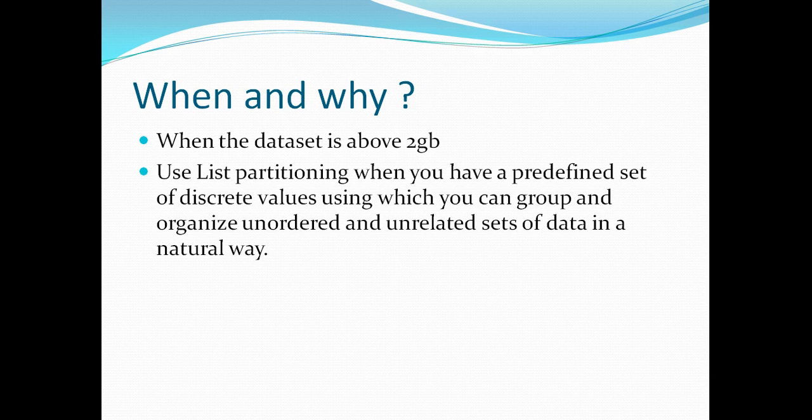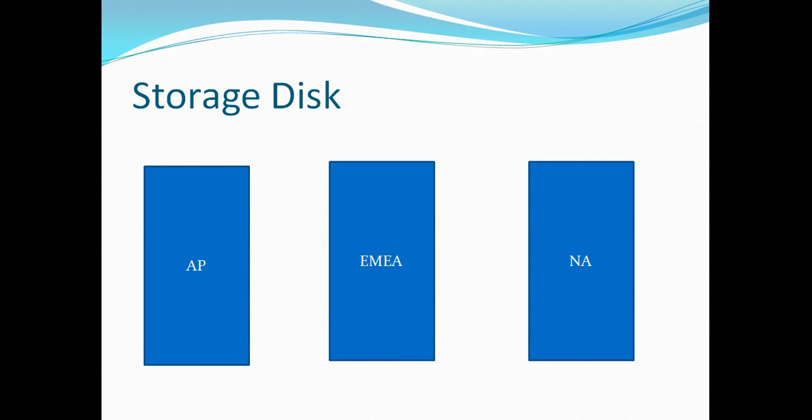You should consider using list partitioning when you have a predefined set of discrete values using which you can group and organize unordered and unrelated sets of data in a natural way. Now what does that mean? So I am the warehouse manager of a retail organization, and there are three managers, one each for a single region, and they don't care about the data from the other two regions.